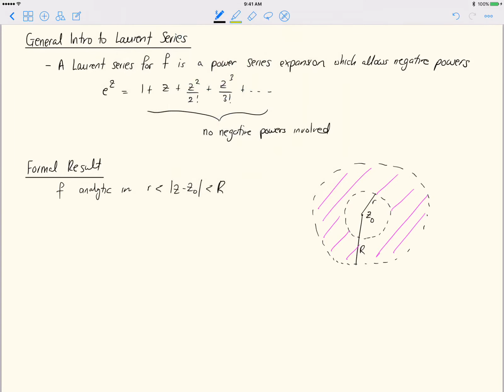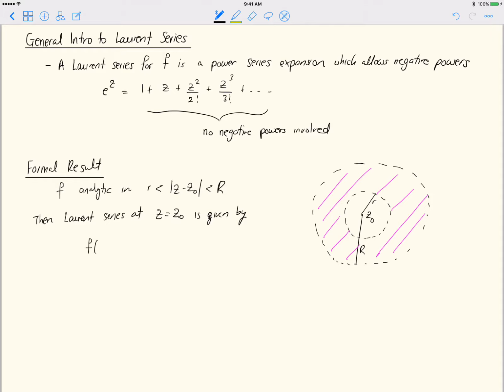If that's the case, then I can write a power series expansion for f at the point z0, or in other words, a Laurent series.